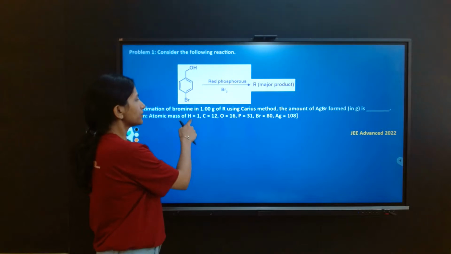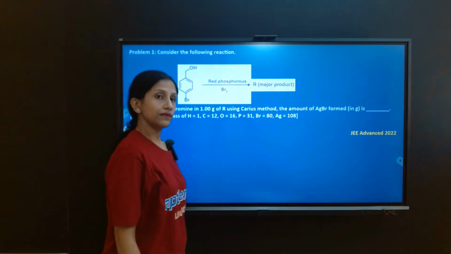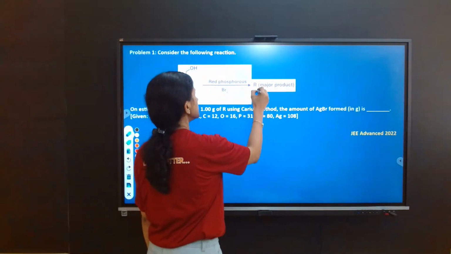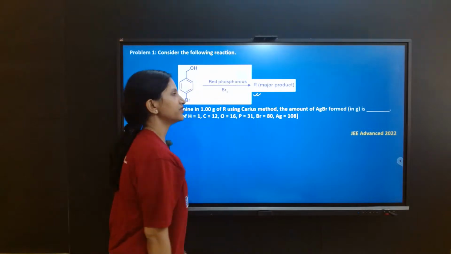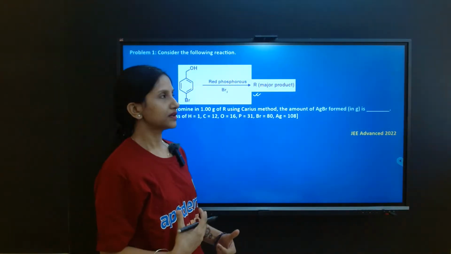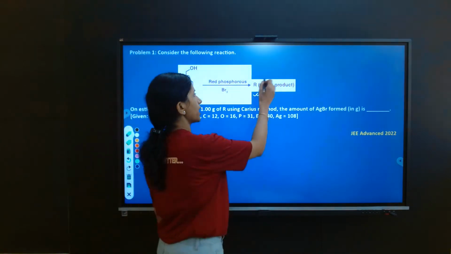Atomic masses of hydrogen, carbon, oxygen, phosphorus, bromine and silver have been given. Here they are considering R as the major product. So first we have to understand the equation, or we have to get the product.